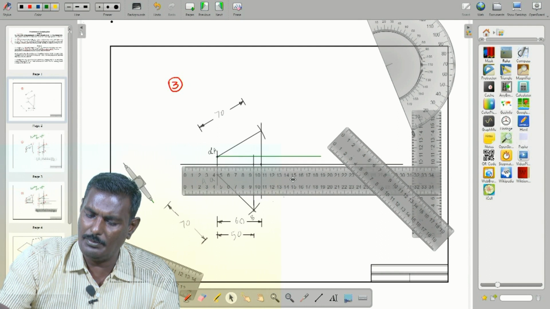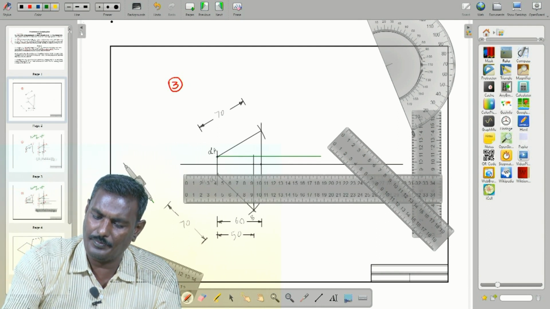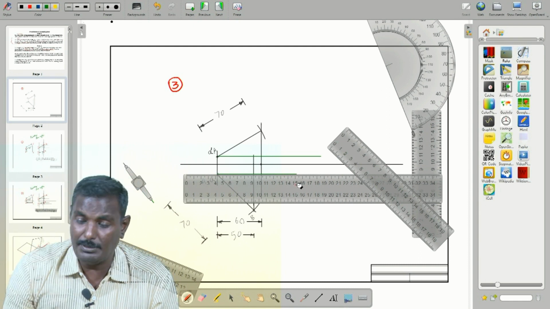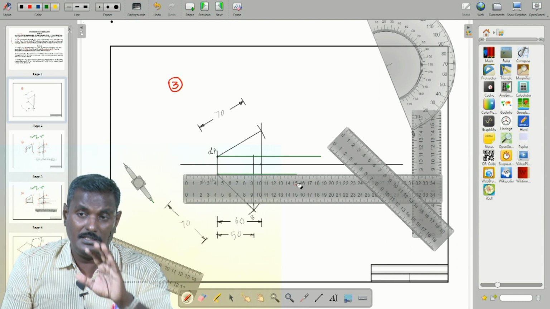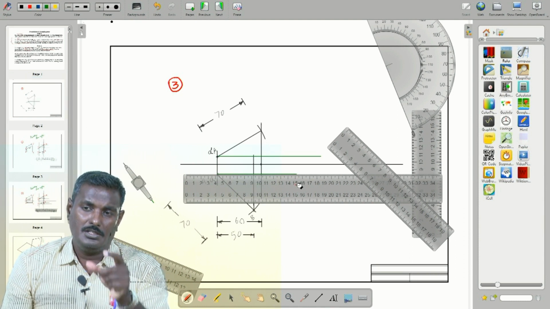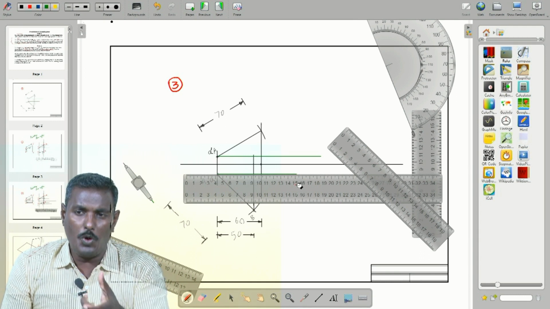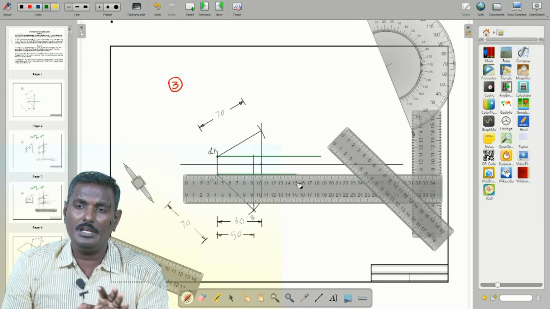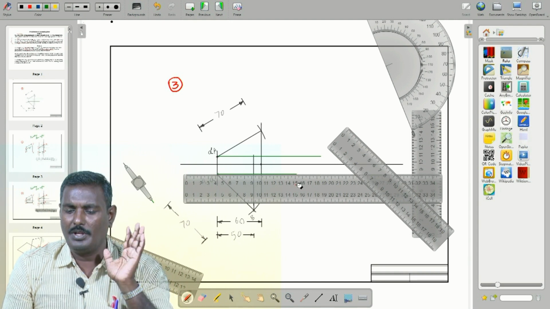Similarly from A. I already stated that the true point or any view points lie on the same locus line, that is the loci line.